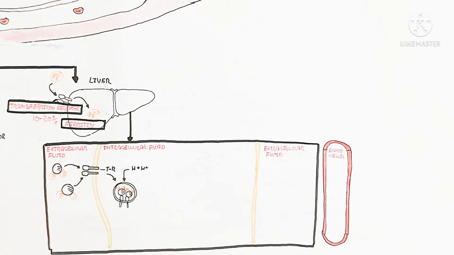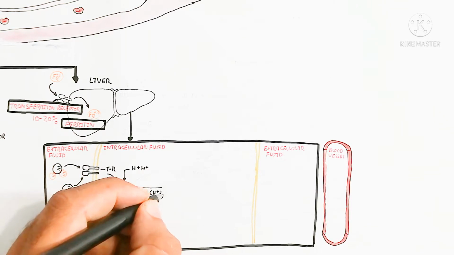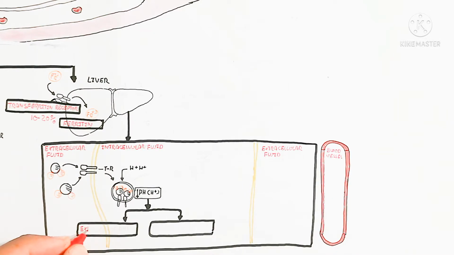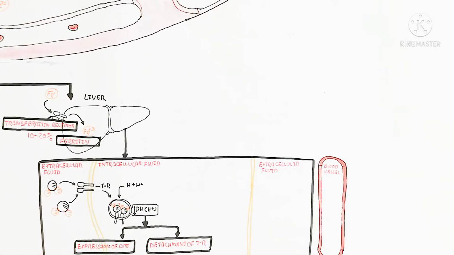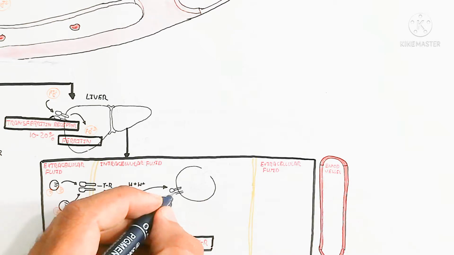A vesicle will be formed. This vesicle will accept protons to decrease the pH, and after the decrease in pH it plays two functions: expression of DMT and detachment of the transferrin receptor.